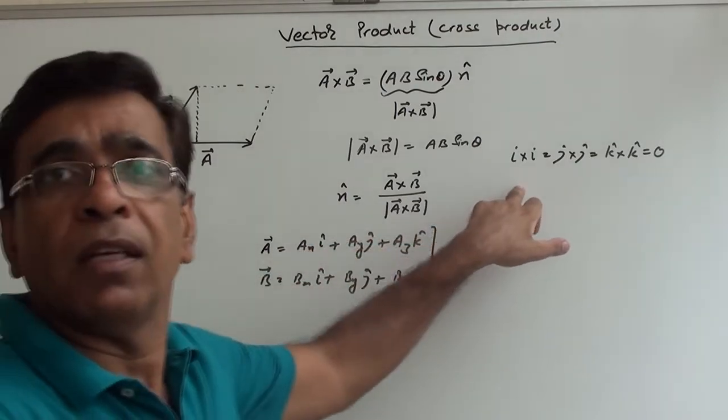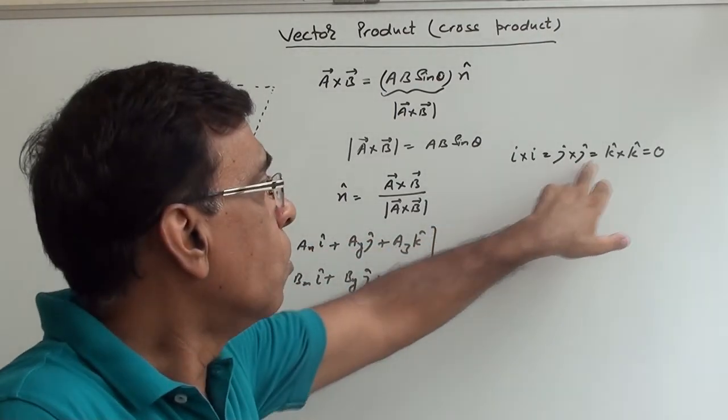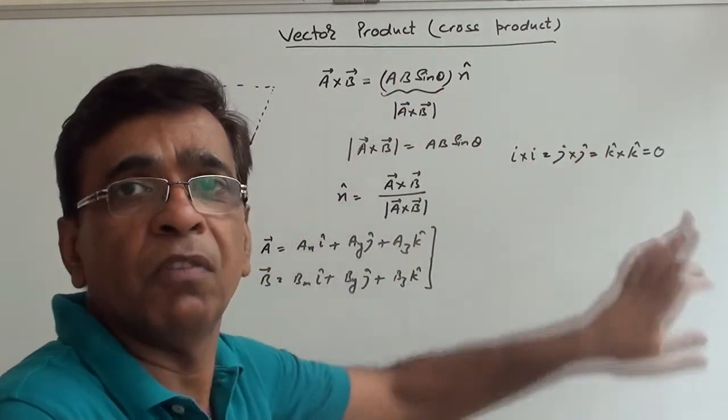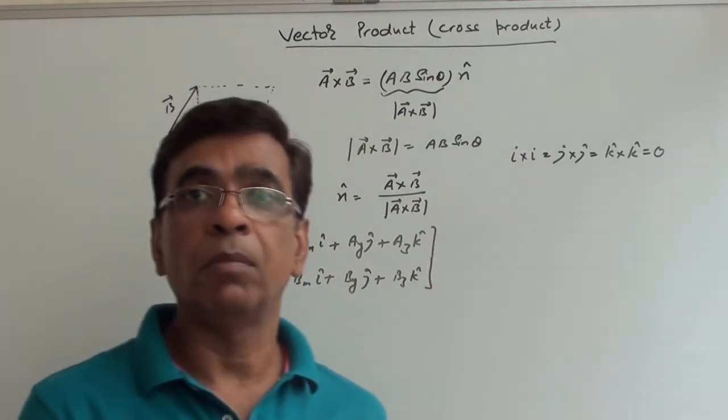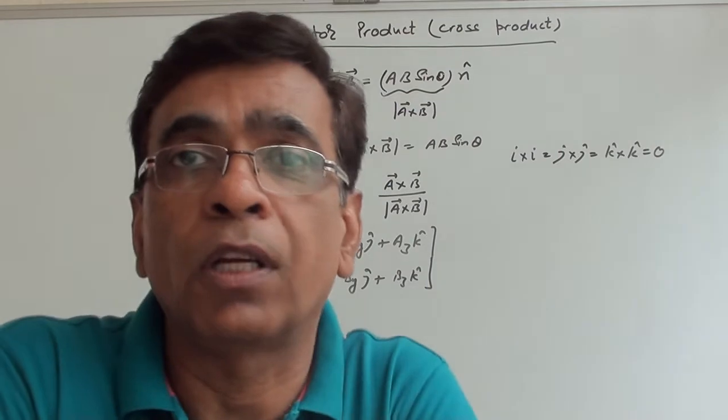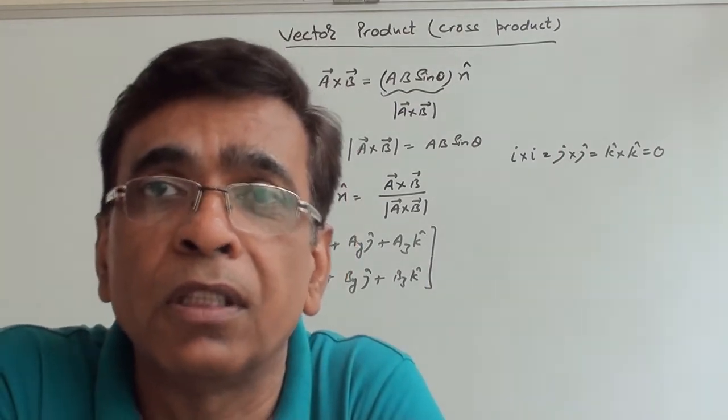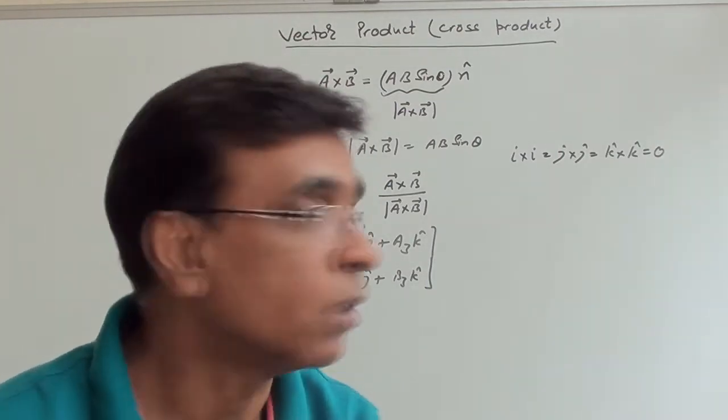What's the angle between I and I? Theta is 0, so it becomes 0. So I cross I, J cross J, K cross K will be 0, unlike in the dot product where I dot I is 1, J dot J is 1, K dot K is also 1.